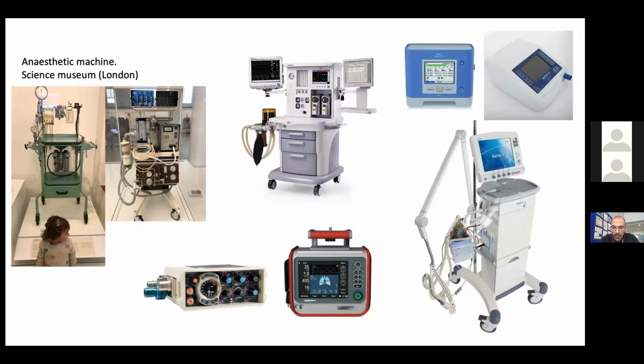We have the non-invasive ventilation at home machines, which are the ones on the right top corner. On the lower side we have the transport ventilators, the baby pack on the left-hand side, and the Hamilton on the right-hand side, which is the ventilator that we use in Panda. This is the most common ventilator used by most of the retrieval teams. And on the far right-hand side, we have the PICU ventilators.